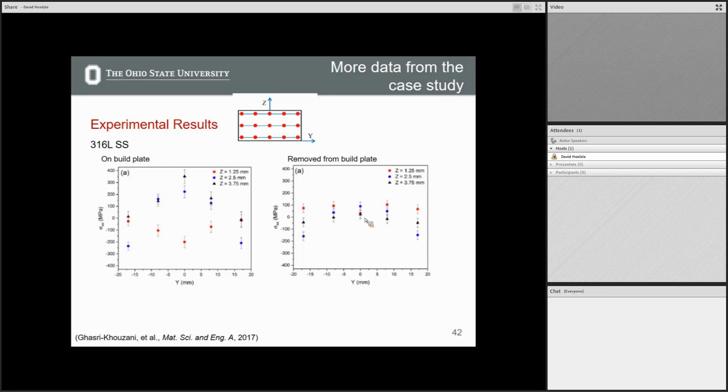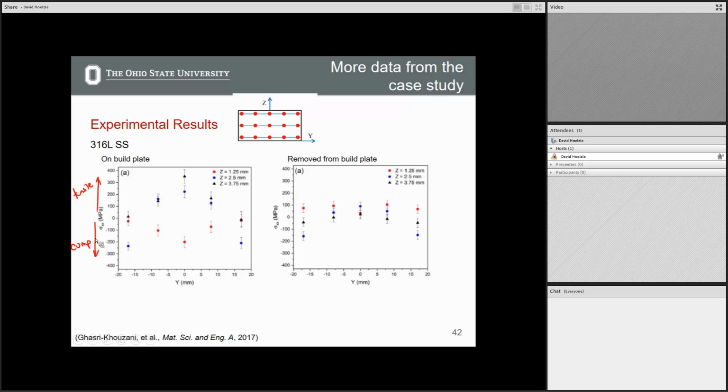And just like our simulation showed, there's an obvious reduction in the stress level in the part, but you also notice a flipping of the stress as well. Just to go through here, negative stresses are compressive, and positive stresses are tensile.